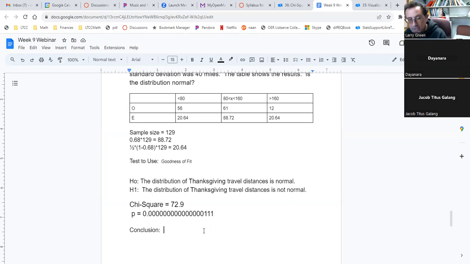So now the conclusion is there is strong, because it's very small. In fact, I'm going to write very strong because it's super small, this p-value.